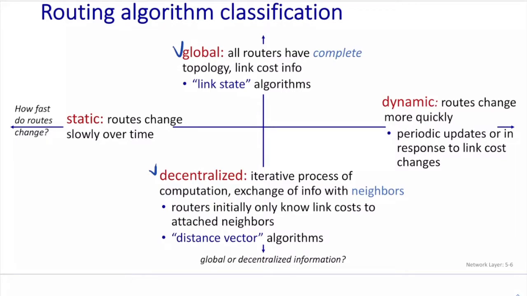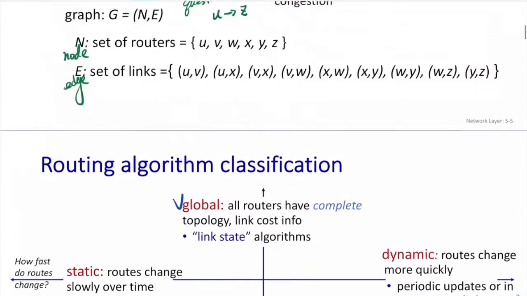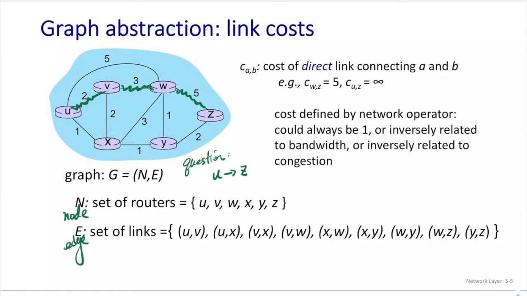You can think of yourself as an oracle with the complete view, so you can design an algorithm to find the minimum cost path from U to Z. That is the global view. But you have to think about one thing: it is not easy for all the routers in the graph to share all the information. In this graph we have only 6 routers and 9 paths, so it is relatively easier to share this information because the information is limited.